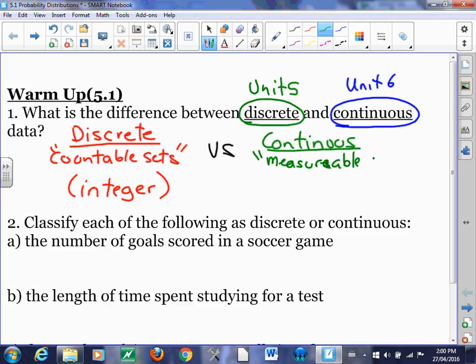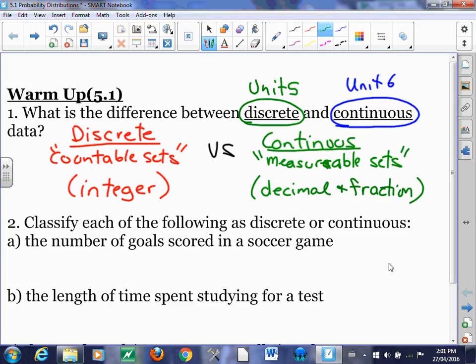And remember, with this, you can have decimals and fractions. So for example, if I measure the height of a plant, it could be 3.4 centimeters or 4.8 meters. So anything that allows you to have a fraction or a decimal.